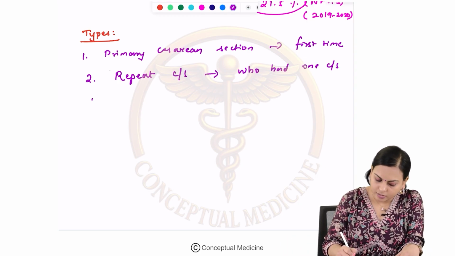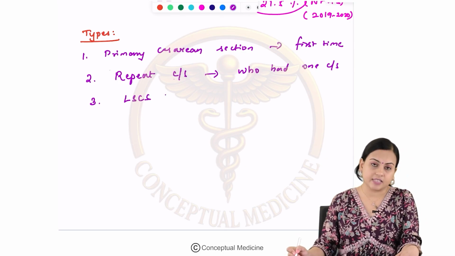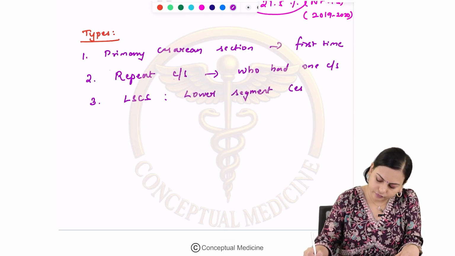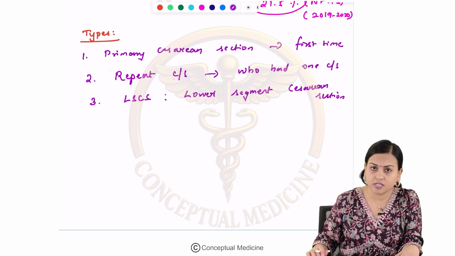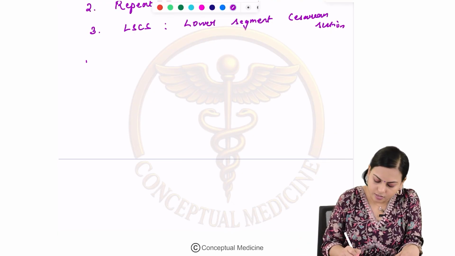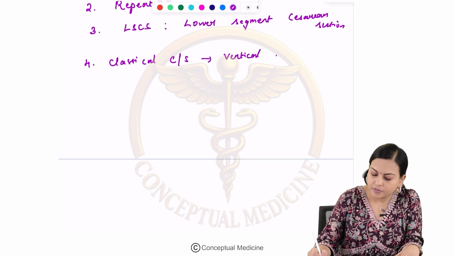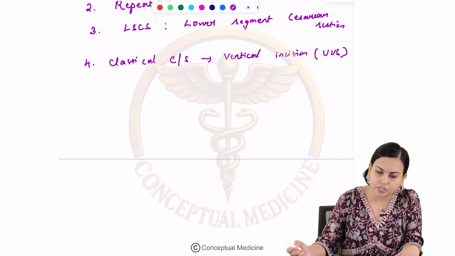Then we have LSCS, lower segment Cesarean section, where the incision is made in the lower uterine segment, and classical Cesarean section, where we put a vertical incision in the upper uterine segment.